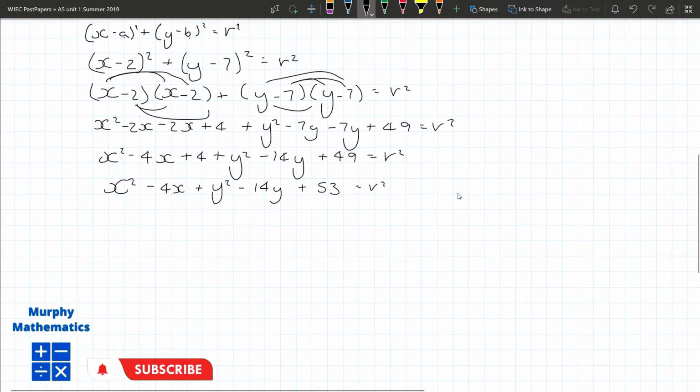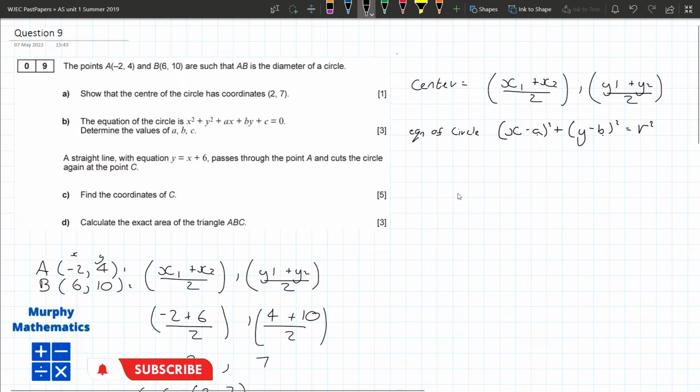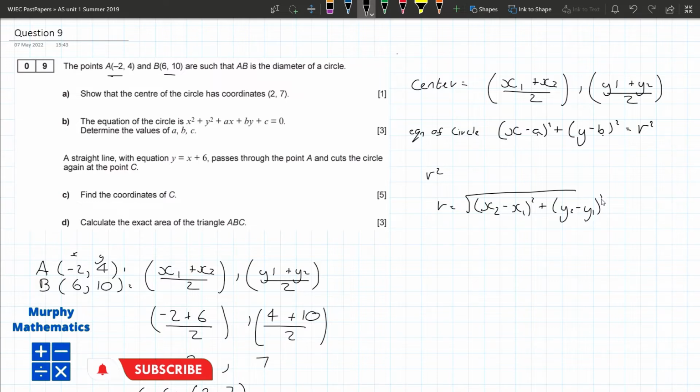So I'm going to find r squared, and r is just going to be the distance between the midpoint and the outside. We can use either A or B, and r is going to be the square root of x2 minus x1 squared plus y2 minus y1 squared.